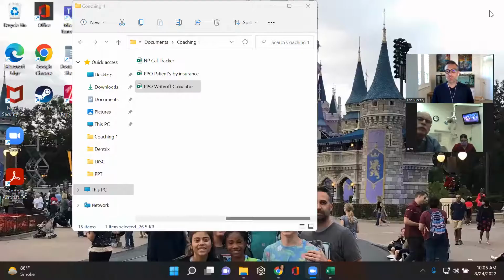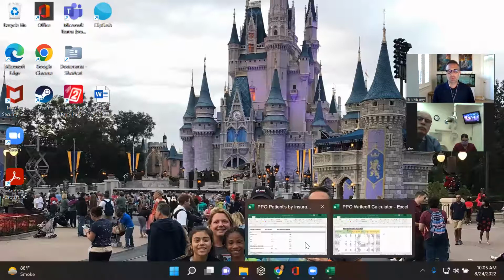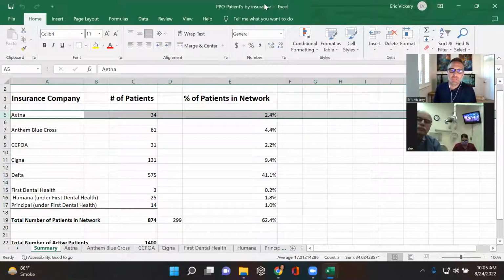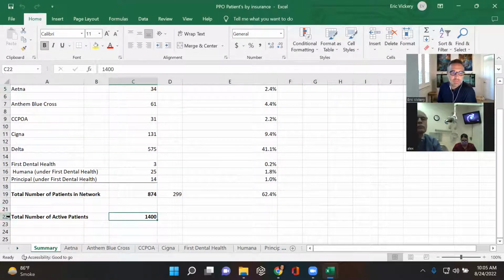So let's take a look here. The first tracker that you have in the email I sent you is called PPO Patients by Insurance. Basically, what you're going to do first is right here in this cell. This is important for team members to understand.